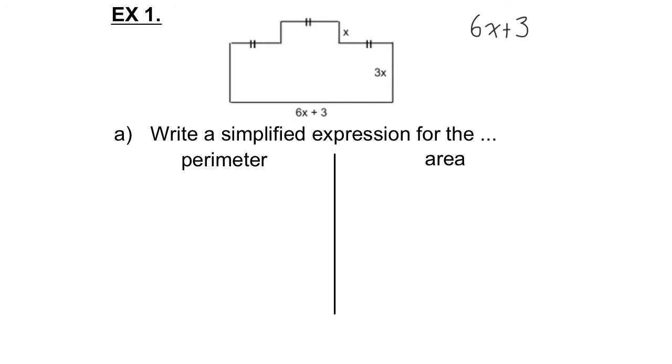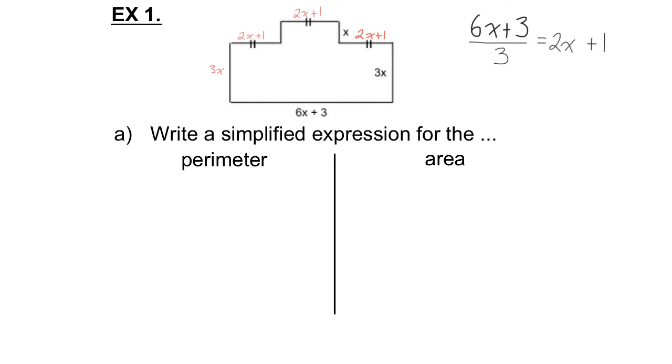So if we take 6x plus 3 and divide it by 3, each term gets divided by 3. So 6x divided by 3 is 2x, and 3 divided by 3 is 1. So our expression is 2x plus 1 for this length, 2x plus 1 for this length, and 2x plus 1 for this length. This is labeled as 3x.